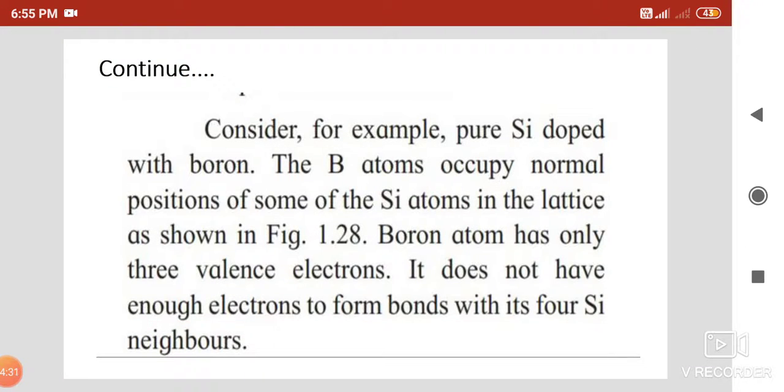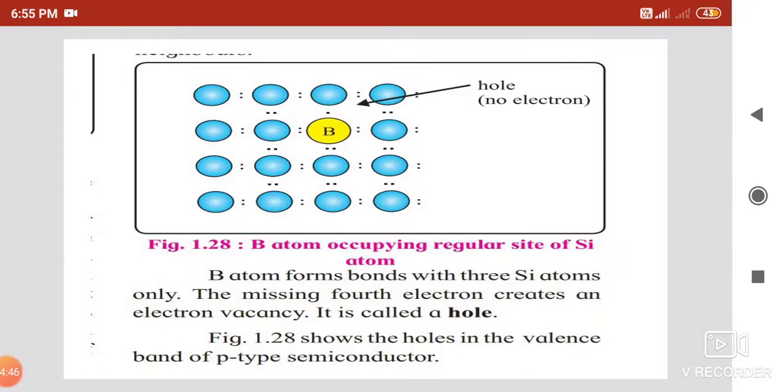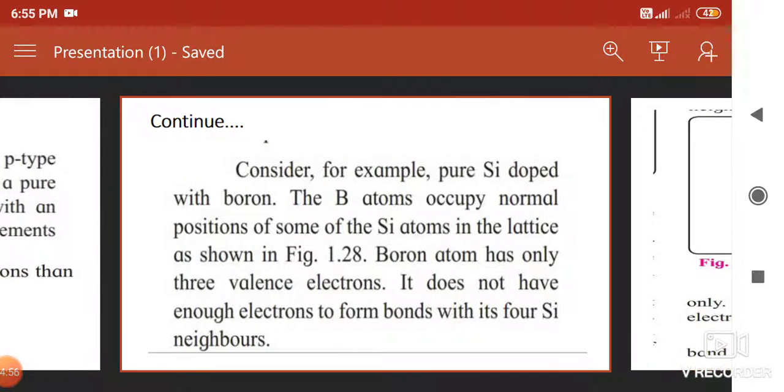Then when pure silicon is doped with boron atoms, they occupy the normal positions of some of the silicon atoms in the lattice. You can see in the figure, the boron atom occupies the position of a regular silicon atom. The boron atom has only 3 valence electrons. It does not have enough electrons to form bonds with its 4 silicon neighbors.